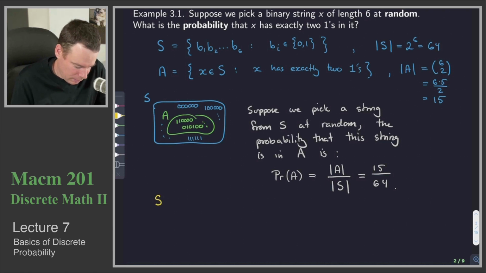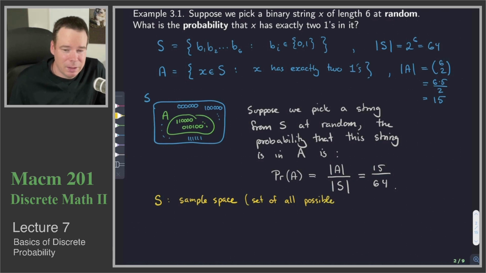The set S, this is called the sample space. And we can think of this as the set of all possible outcomes. So by possible outcomes, it means I'm doing an experiment. I'm selecting a string. And these are all the possible outcomes that I can get from my selection.